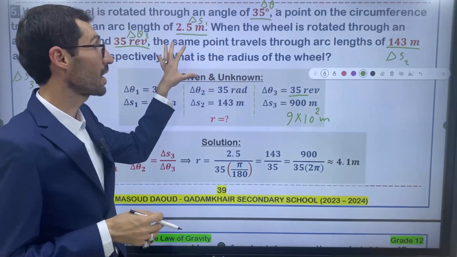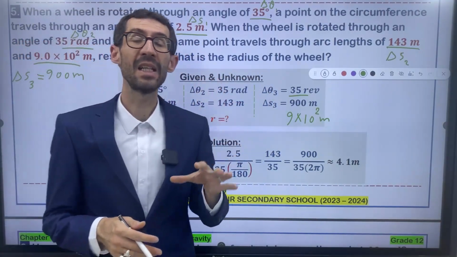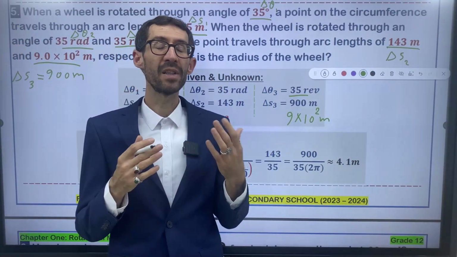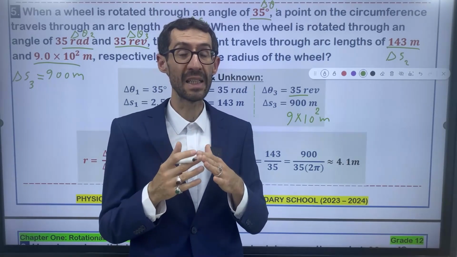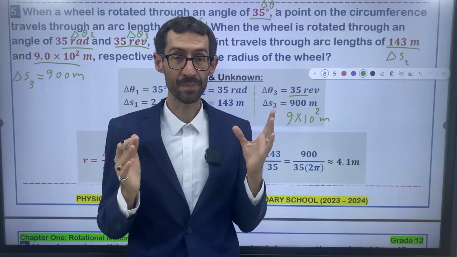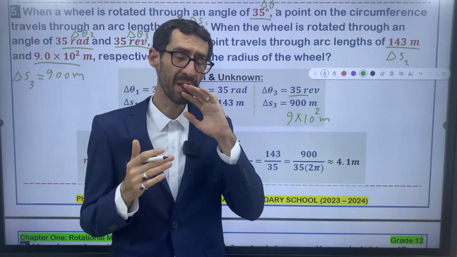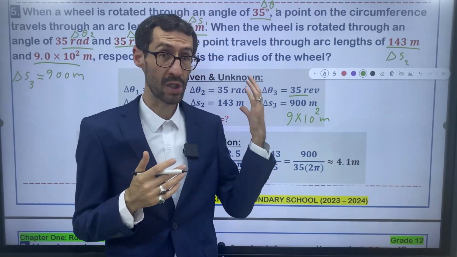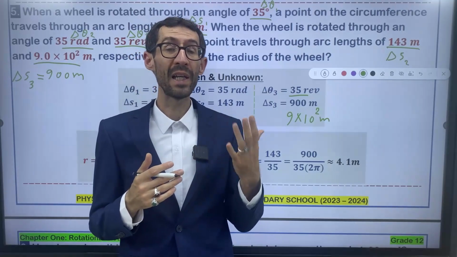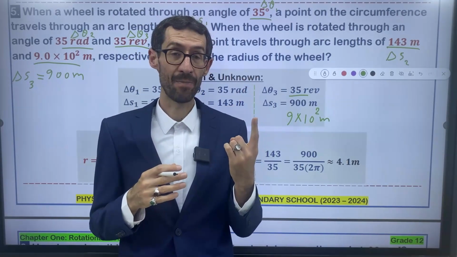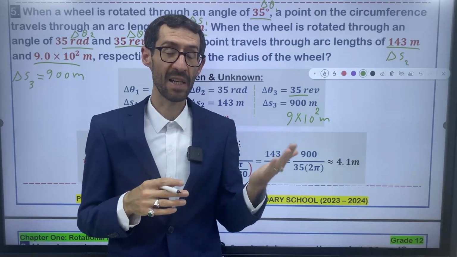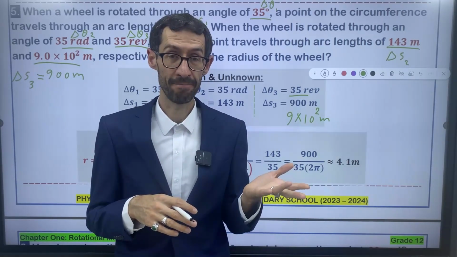This information is dedicated to what? It is dedicated only to one wheel. And you know that the radius of one wheel is constant, because the question talks about one wheel. That's why the wheel has only one radius, whether the angular displacement changes or not.